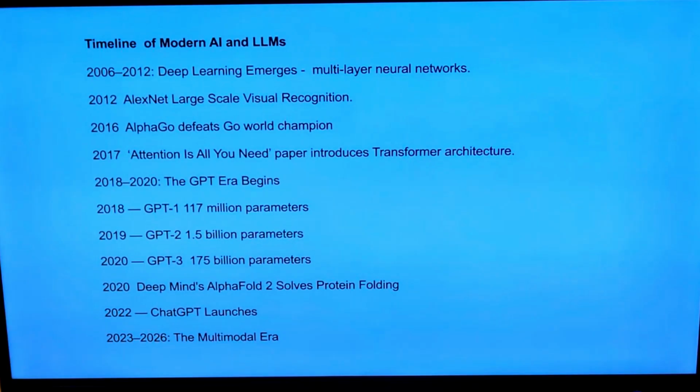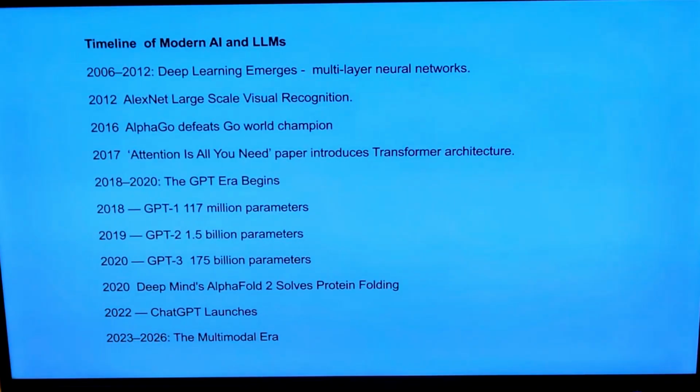But these multi-layered ones, where there'd be an input and an output, and layers in between where patterns and relationships could be established, were starting to come around at that time.